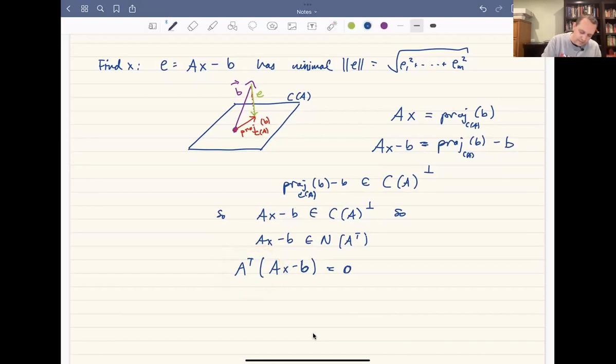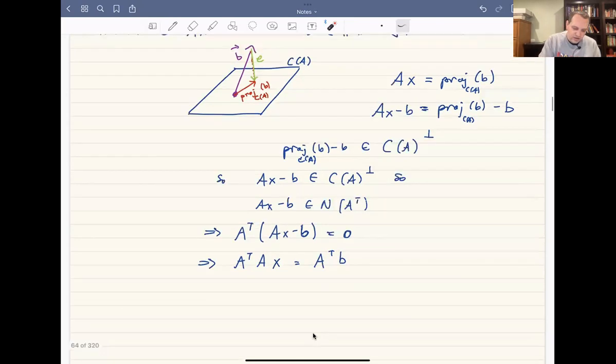And so what happens here is you get A transpose A x equals A transpose b. We've multiplied both sides on the left by A transpose, but this changes the problem in such a way that now it has a unique solution, because A transpose A is an invertible matrix.